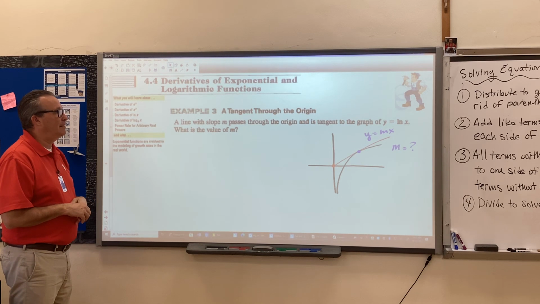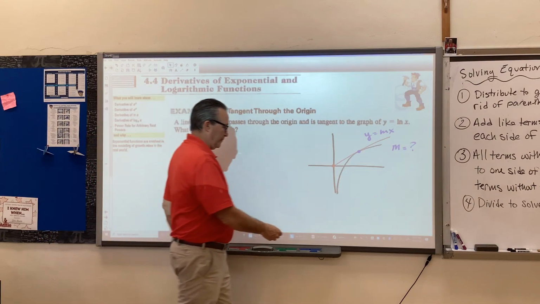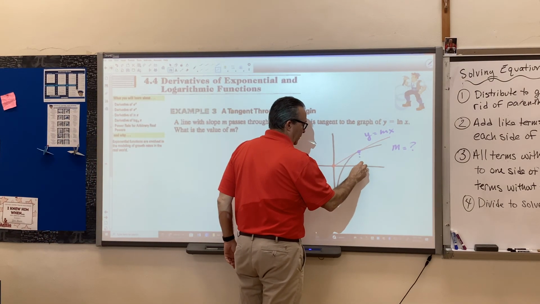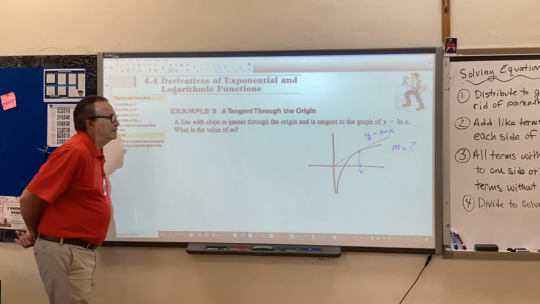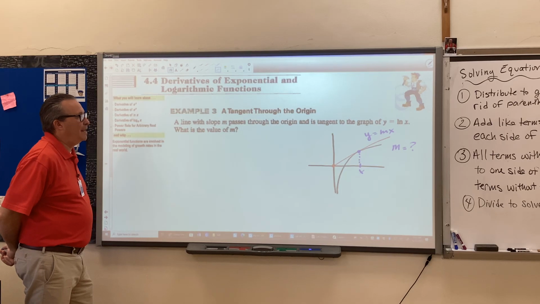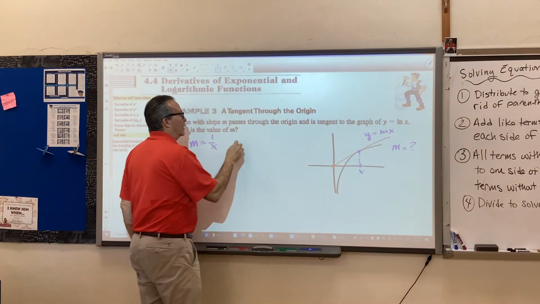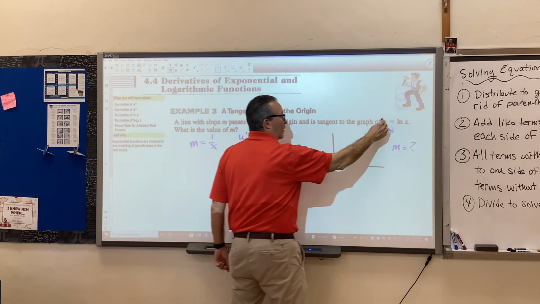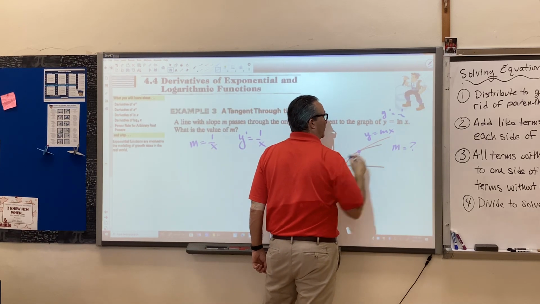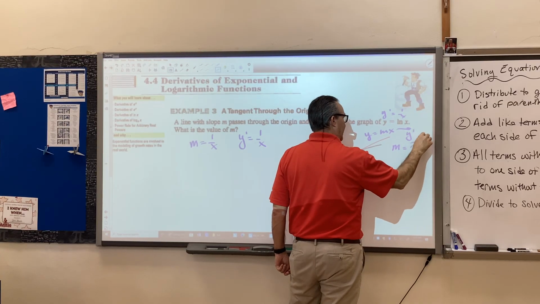I think the deal is the slopes have to be equal, so m has to equal 1 over x, because y prime is 1 over x, and y prime is m.